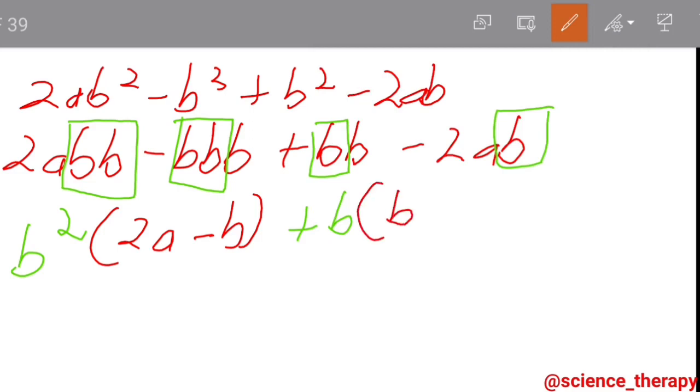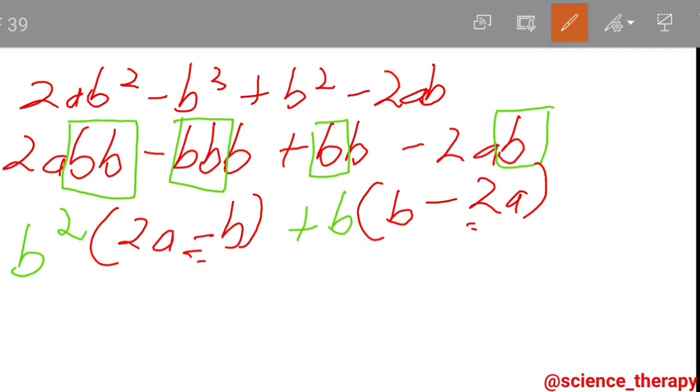We are left with this b, and when we factor out b from the fourth term, we are only left with 2a. Now you can see here we have a situation whereby these factors in the brackets are almost similar, but their signs are different. So this is 2a, but this is negative 2a. This is negative b, and this is positive b.